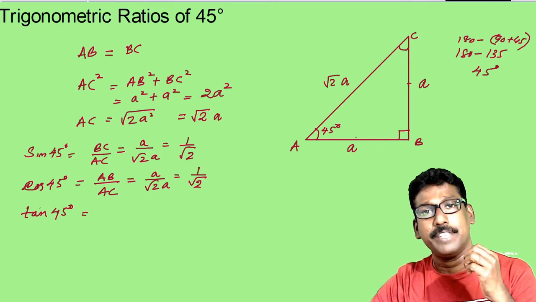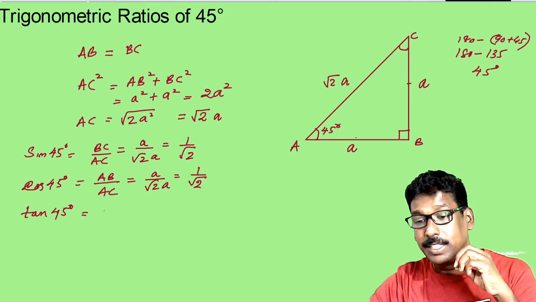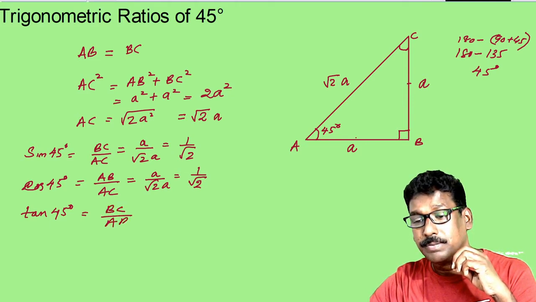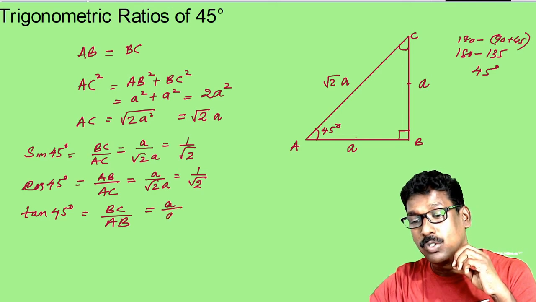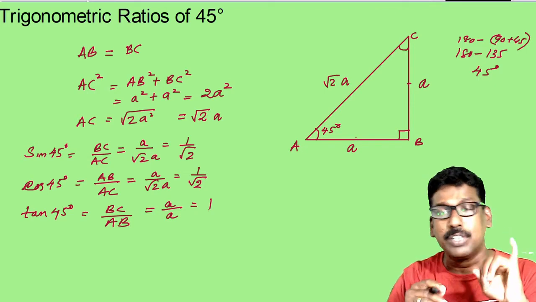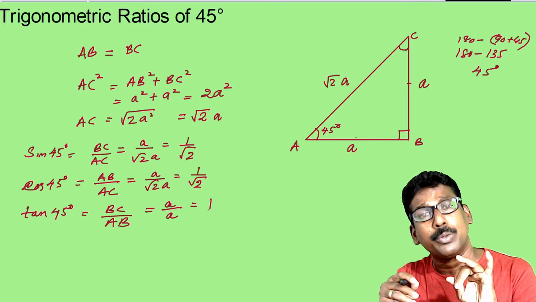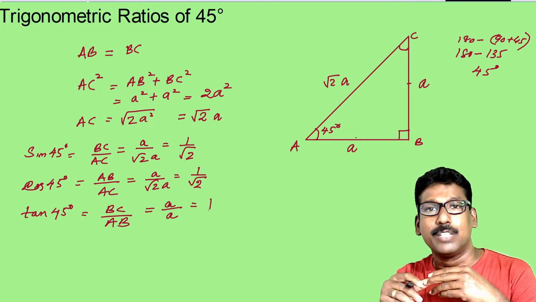Tan 45 is opposite side by adjacent side. Here it is BC by AB. BC is equal to A, AB also A, so A by A, which is equal to 1. So sin 45 is equal to 1 by root 2, cos 45 is equal to 1 by root 2, and tan 45 is equal to 1.